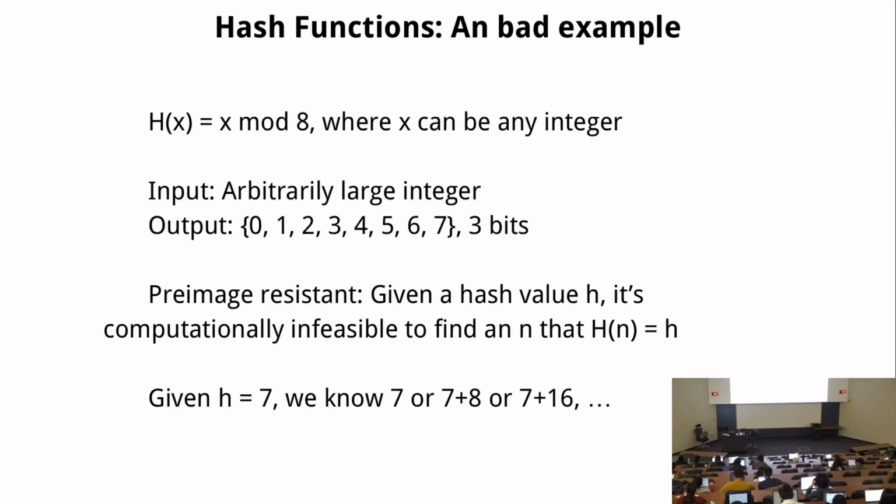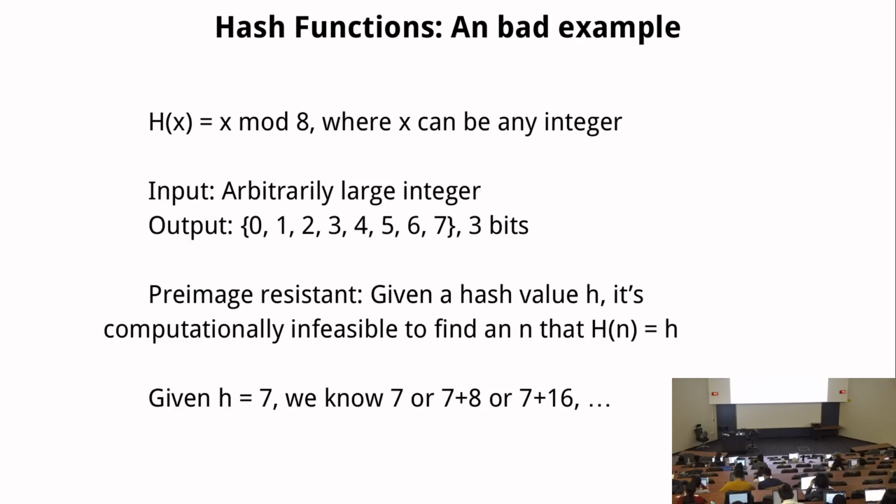The input is any number, arbitrarily long, could be hundreds of digits, any integer. The hash function itself is just the input modulo 8. So for any integer modulo 8, the output will just be 0 to 7, right?